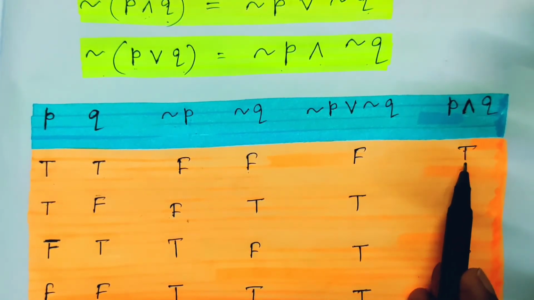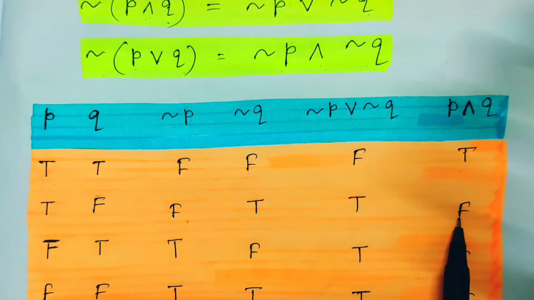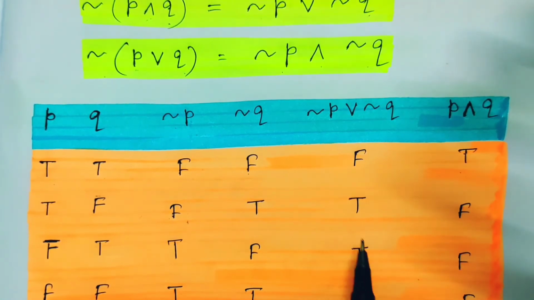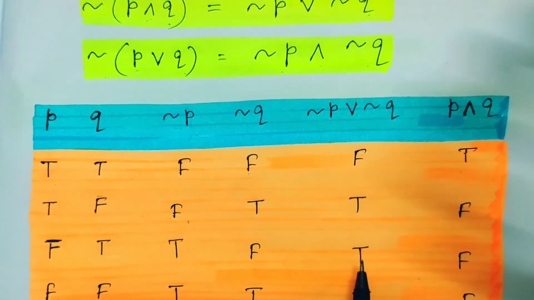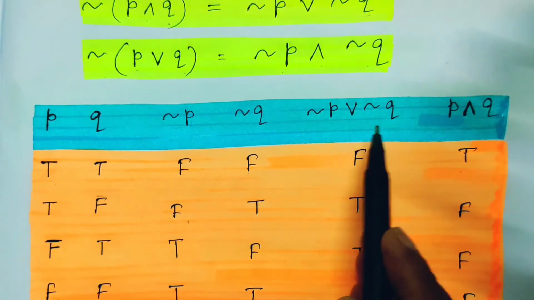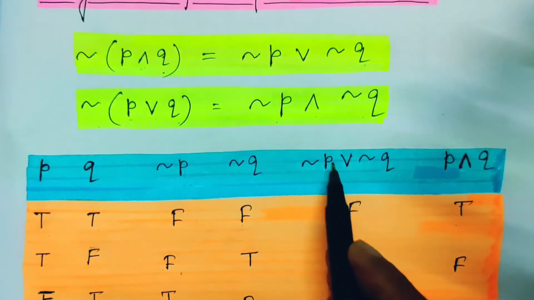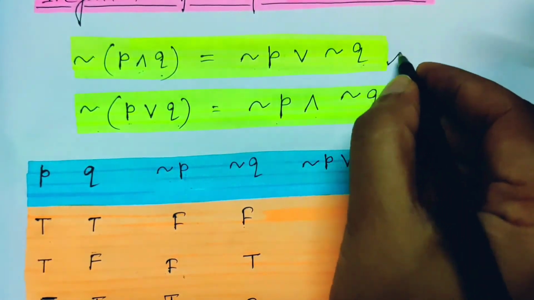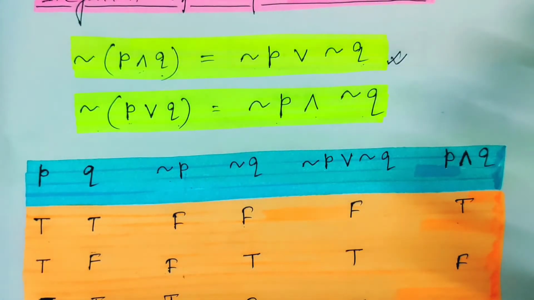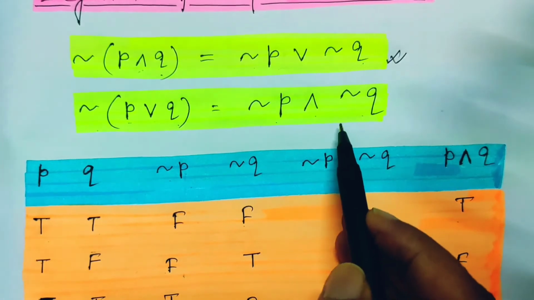As it is true, its opposite is false. As it is false, its opposite is true. So similarly, as these are false, we should find this true. So just look, negation of this one is equal to this one, and that is nothing but this statement. So similarly, we can prove the second one also.